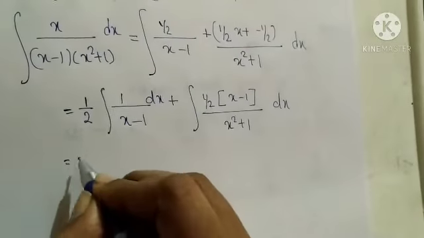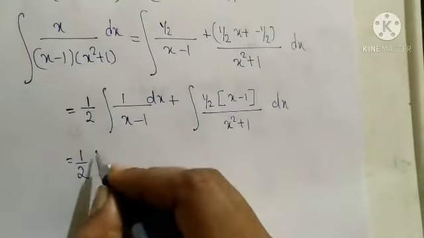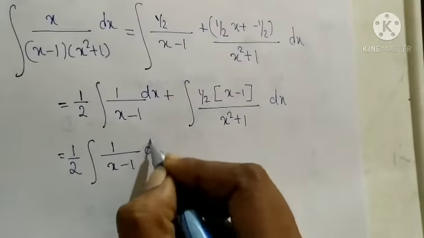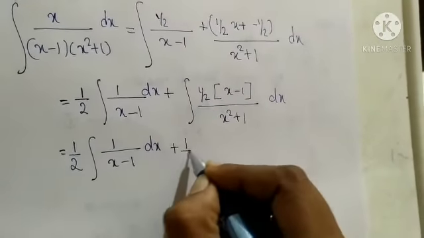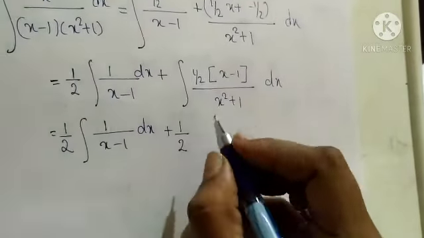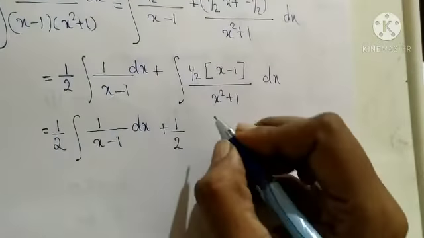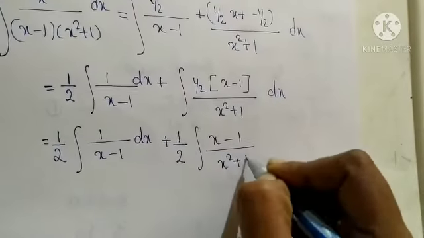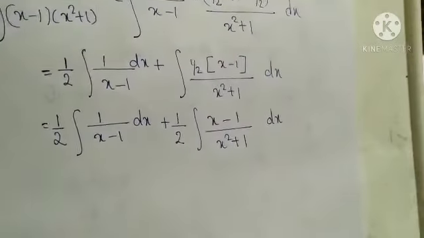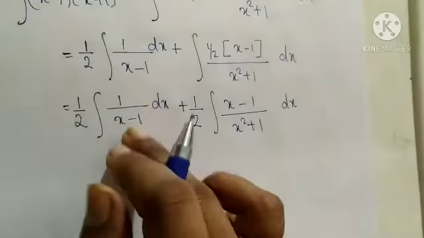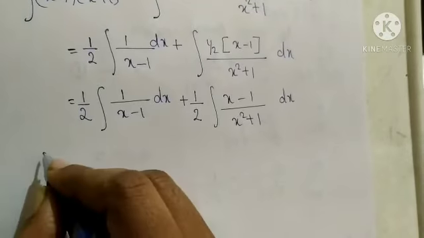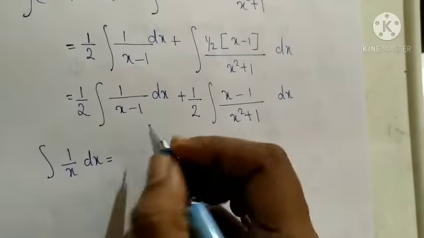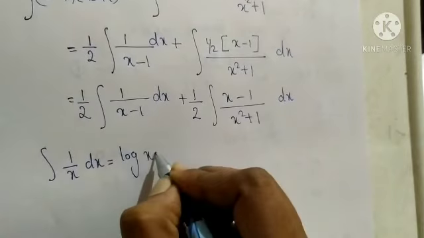Okay, so this step can also be written as 1 by 2 integral 1 divided by x minus 1 dx plus, taking this half outside the bracket, outside the integral, 1 by 2 integral x minus 1 divided by x square plus 1 dx. Here we get the value: the standard integral of 1 by x dx is log x plus c.